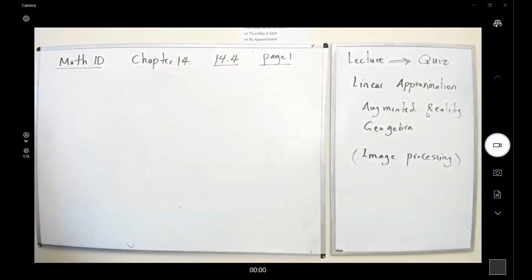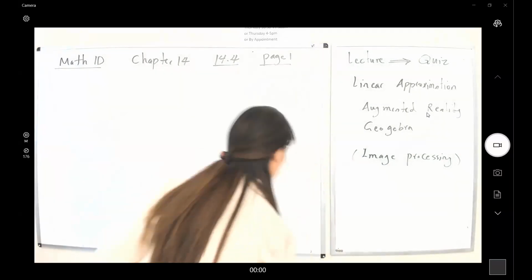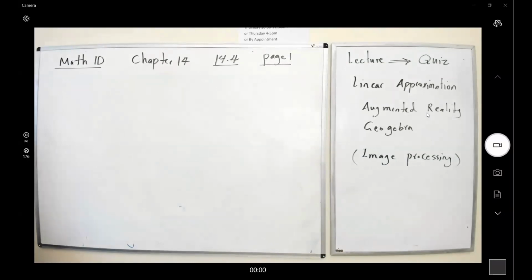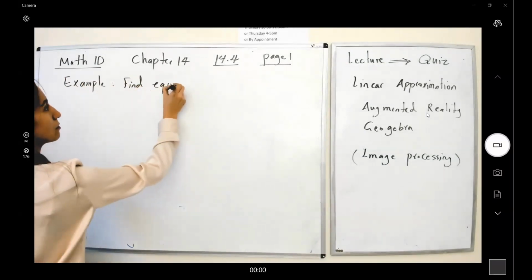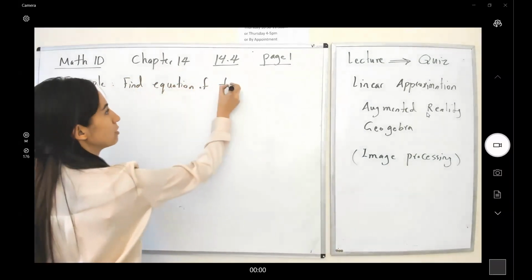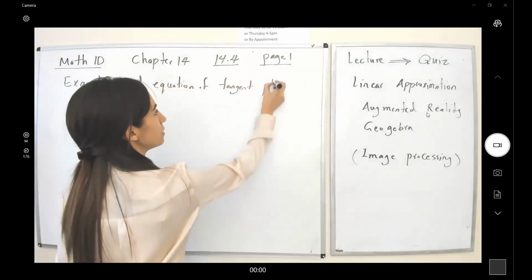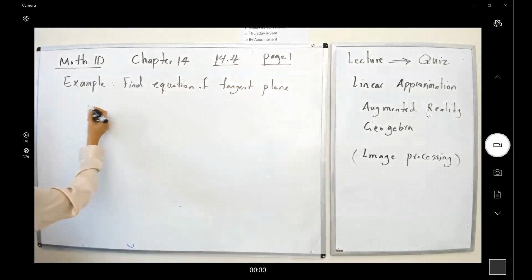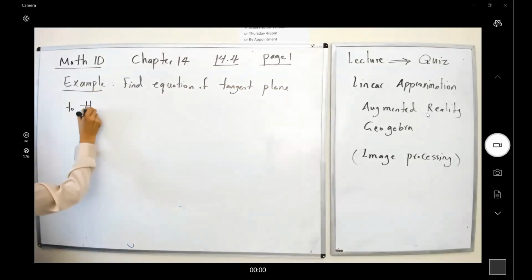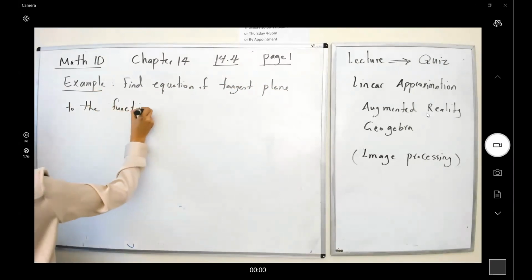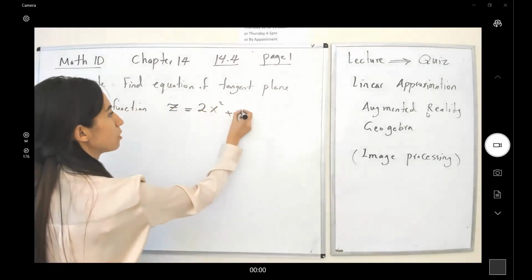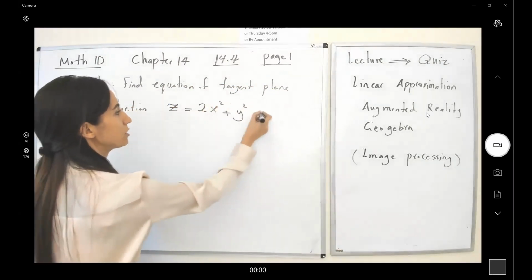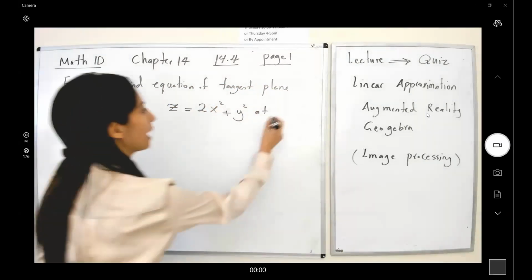The question says, example: find the equation of the tangent plane to the function z equals 2x squared plus y squared at point (1, 1, 3).